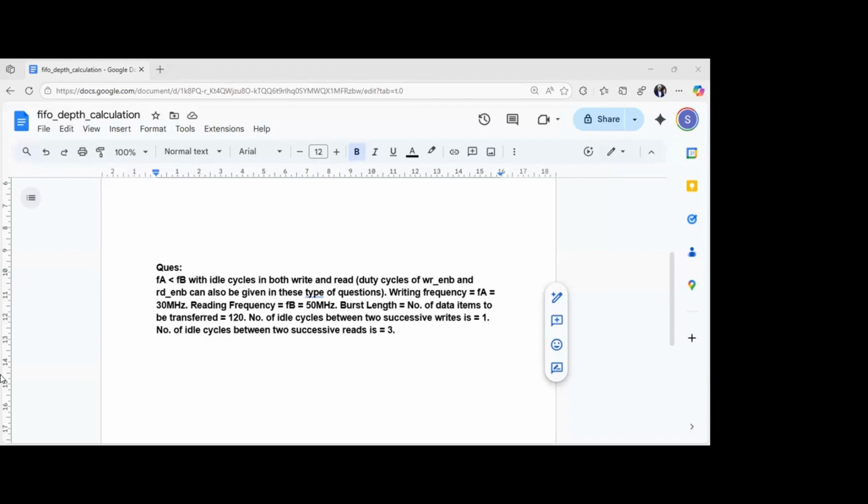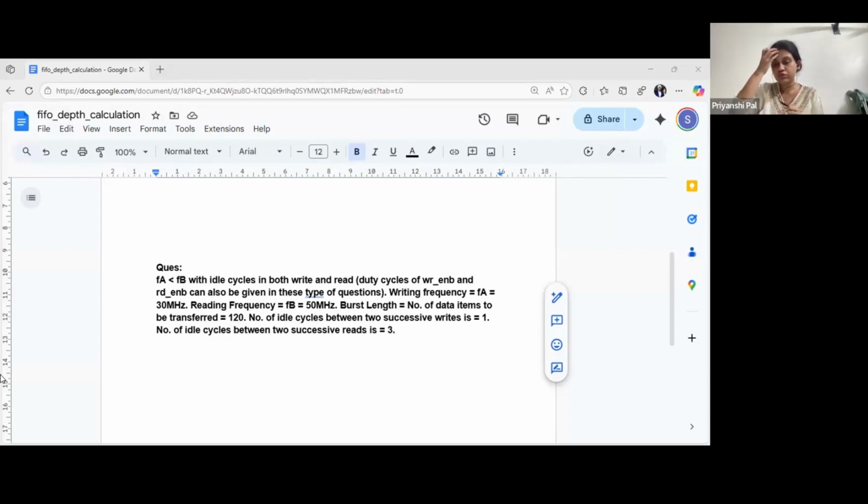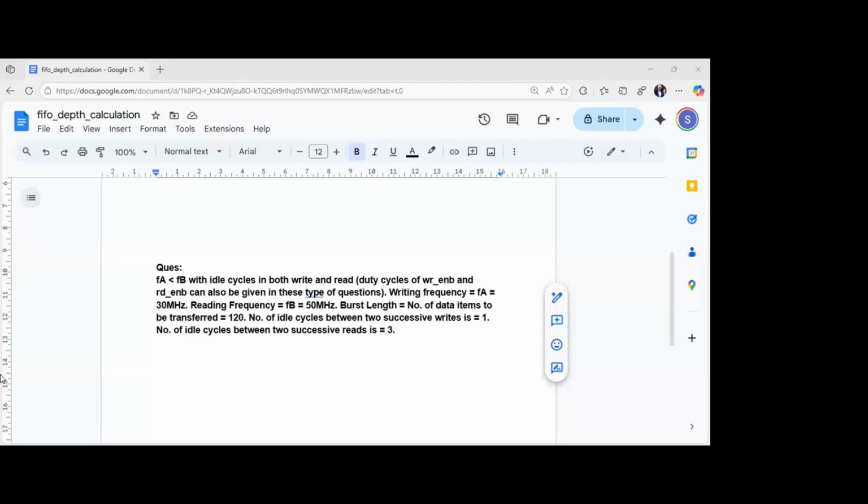Ma'am, I'm a bit confused because when I'm dividing 20 by 50, I'm getting 0.04. So I thought it might be 40 nanosecond. No, your read time should be 4 divided by 50 megahertz.